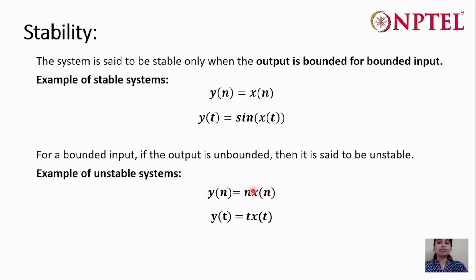Even if your input is bounded, if n tends to infinity, y of n may tend to infinity. The same holds for y of t equal to t into x of t. When your input is bounded, the output may become unbounded. So these systems are examples of unstable systems.